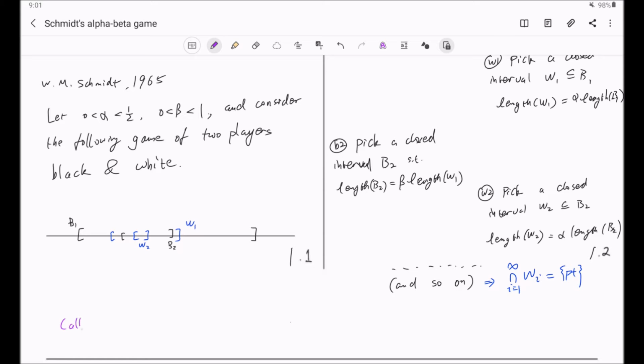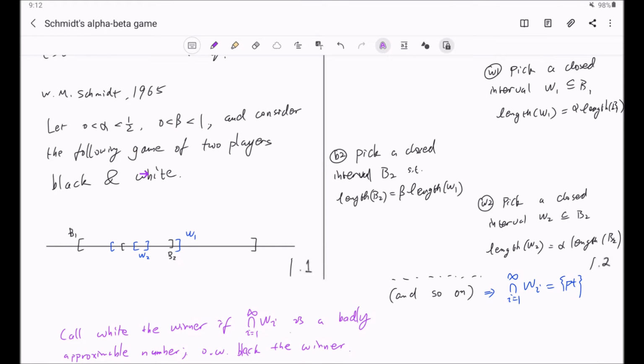We will call white the winner if this intersection, which is just one point, a number, is a badly approximable number. Otherwise, we'll call black the winner. And that is the outcome of the game.